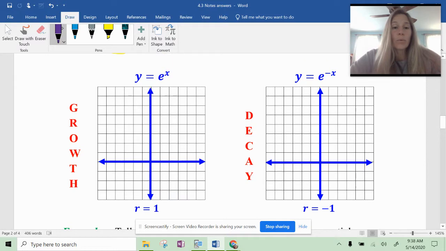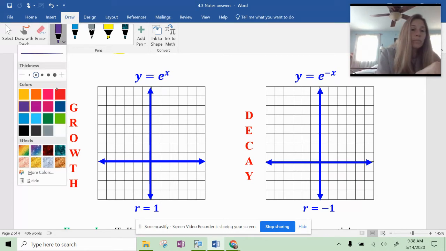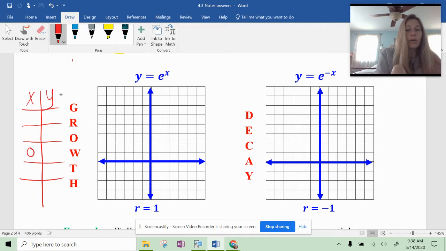Okay, so let's see what that looks like in terms of a graph, right? So if I want to do a growth function here, I'm just going to do my basic thing starting with 0, right? So if I raise E to 0, it's just going to become a 1, right?